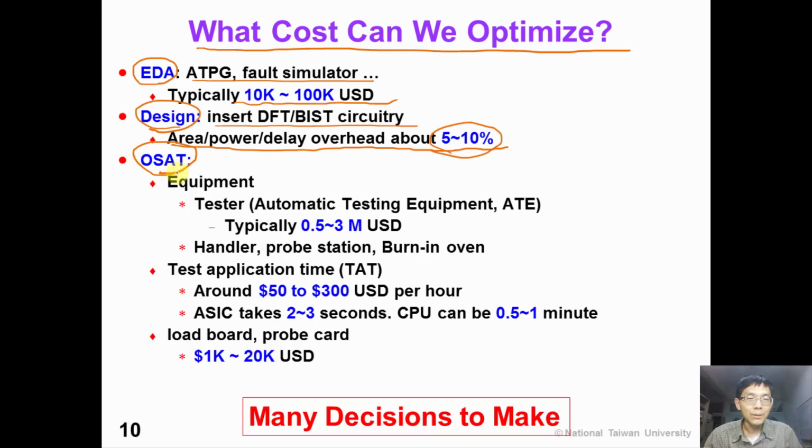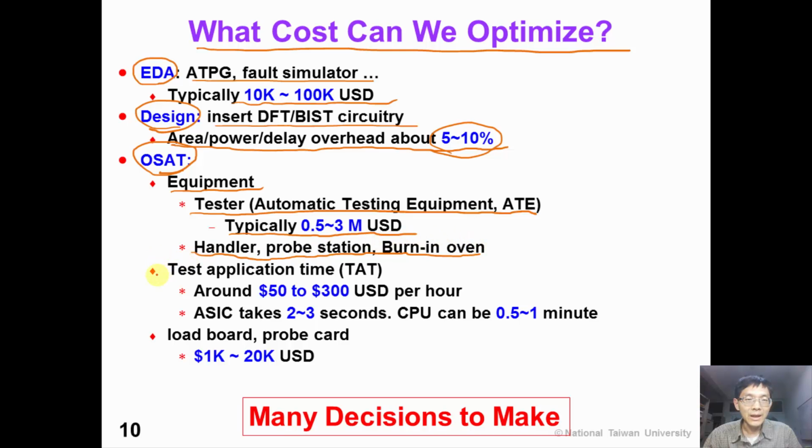On the OSAT company side, we can purchase different test equipment. For example, the price of a tester can range from 0.5 to 3 million US dollars. And there are some other equipment such as handler, probe station, and the burn-in oven.